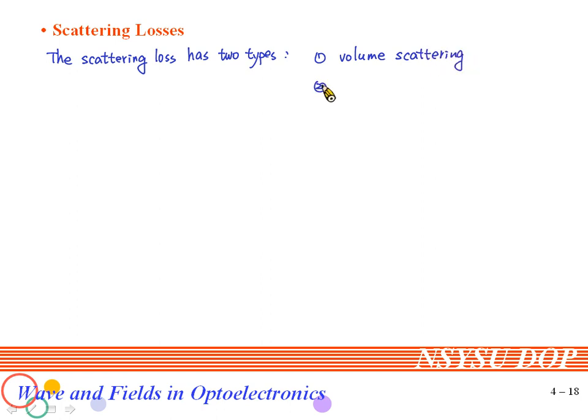The other is surface scattering. We first discuss volume scattering.